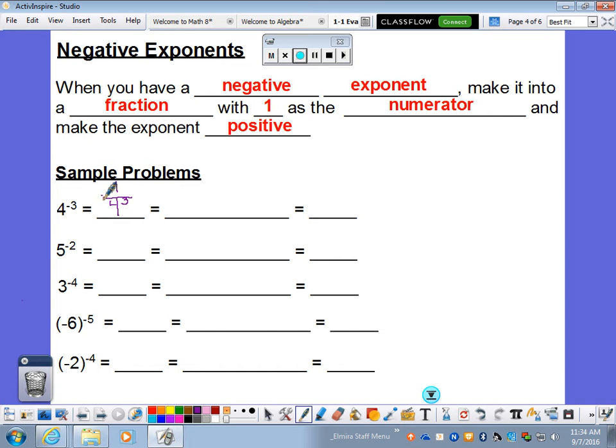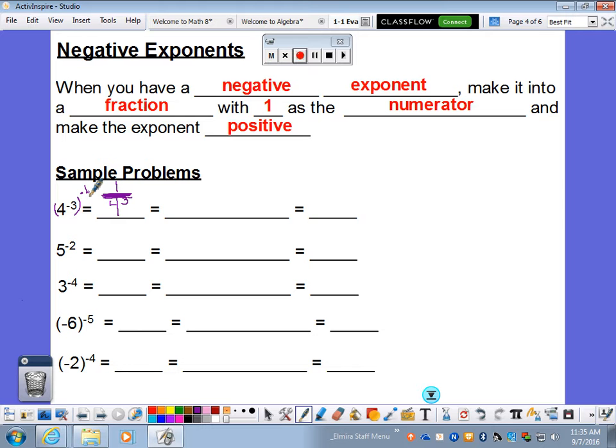Well, we have to have something on top, so we just start with 1. And in fact, if we took all of this right here and we multiplied this times 1, it wouldn't change the outcome. So as soon as we're flipping this power underneath the fraction bar, the 1 is just kind of an imaginary invisible 1 that we make visible.